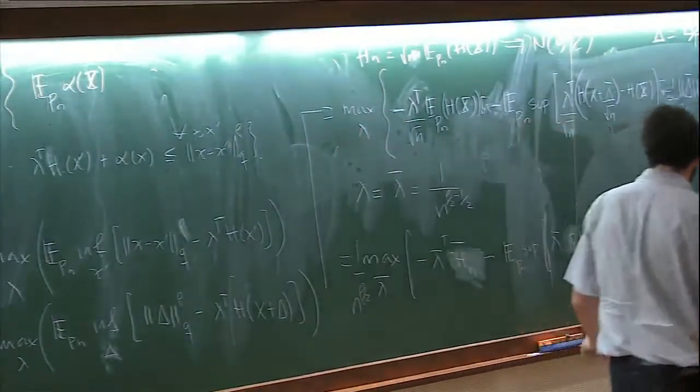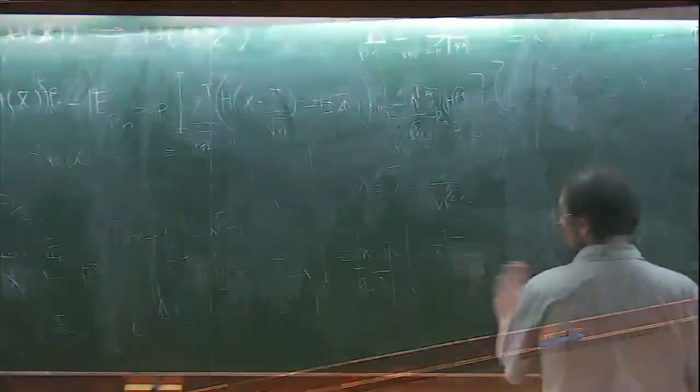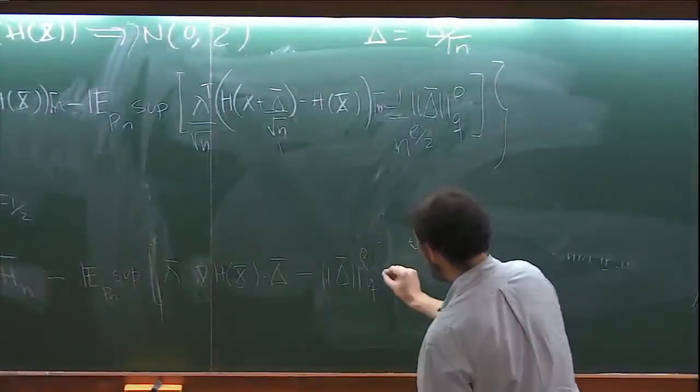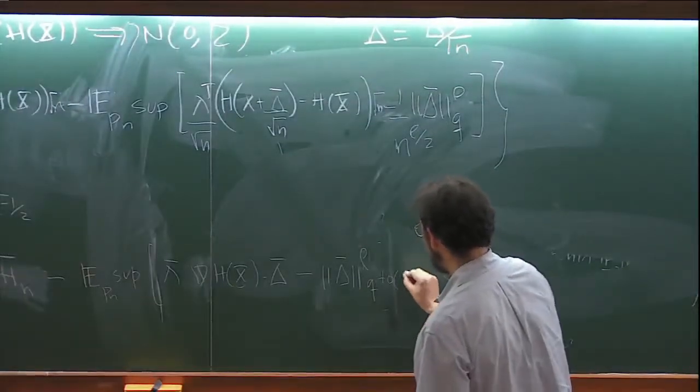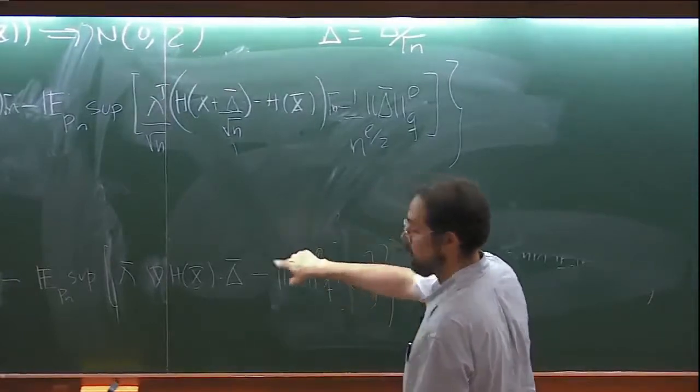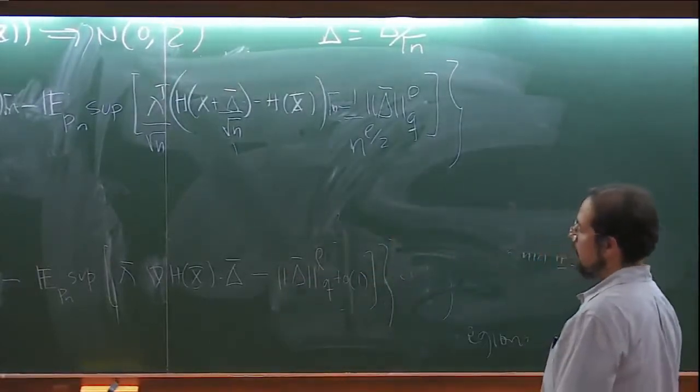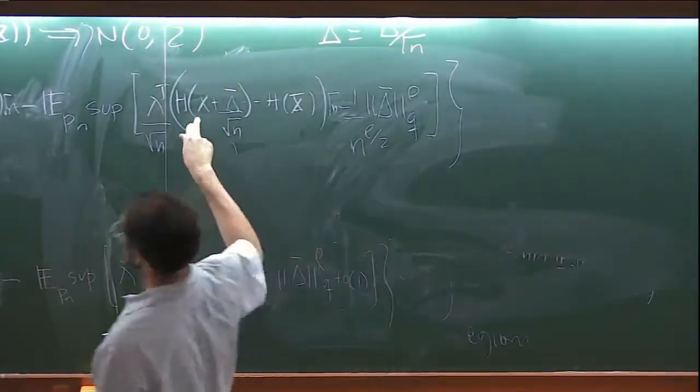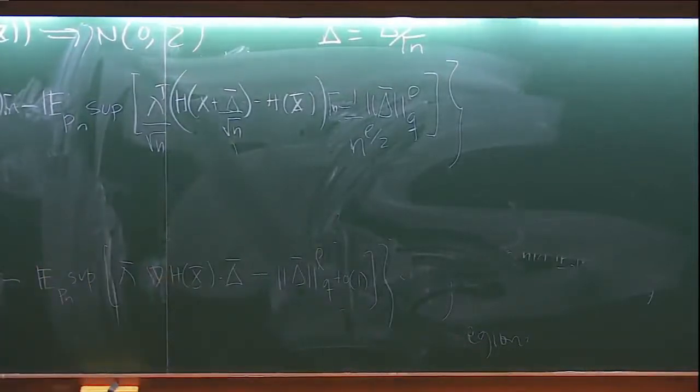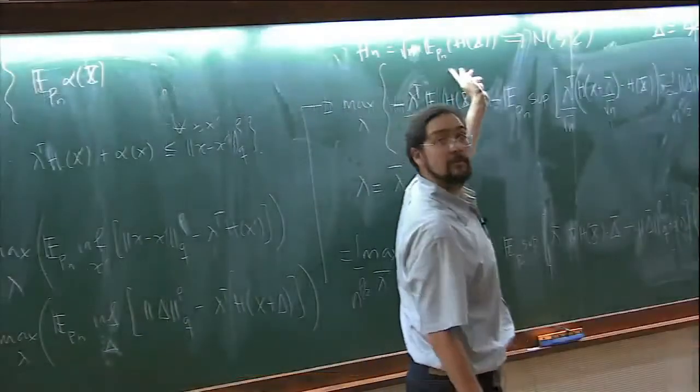Okay, so now you see what's going on, right? So that's here. There is a little o of 1 here, and this is where the assumptions go. So what I need then, I need continuous differentiability. Not really convexity. I don't need convexity. Here, all I need is that the null hypothesis is valid, that this holds.